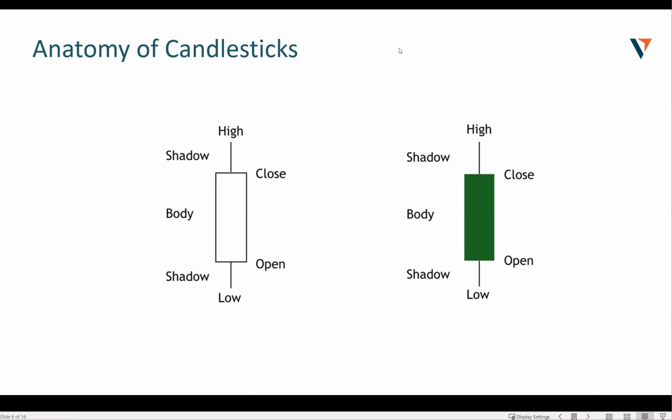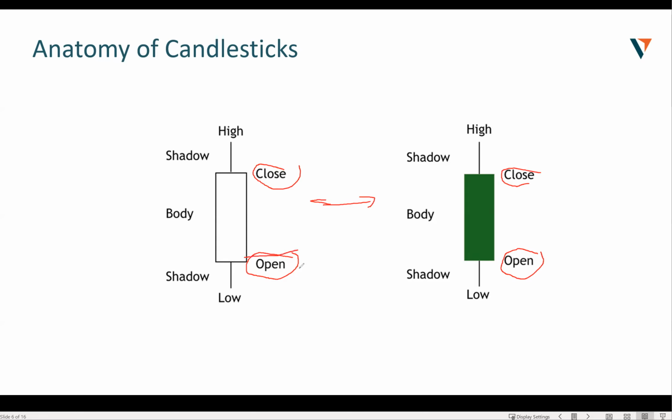And in the bullish candlestick pattern, the open price is this area, and this is the close price. You can see that for both cases, these are the same thing, just with different colors. But the idea is that the open price would be lower than the close price.